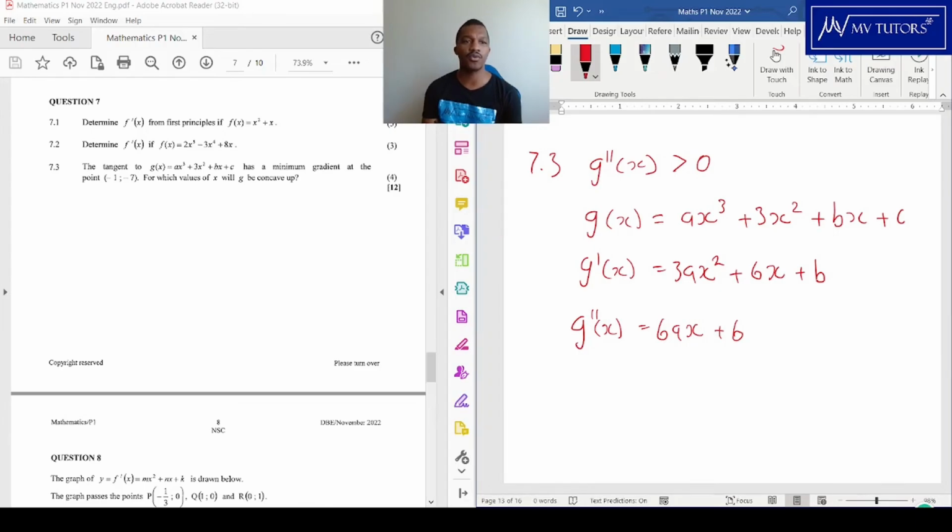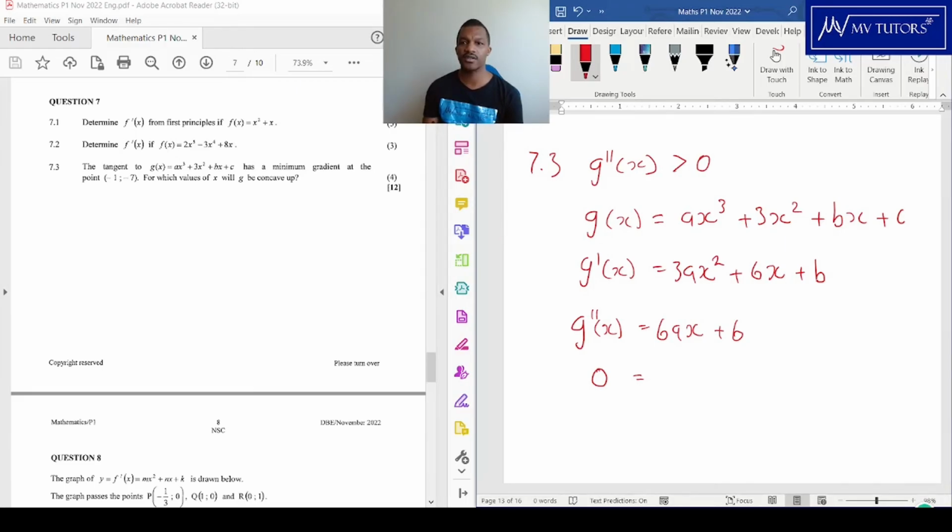We know that the turning point or the minimum gradient is going to be at x equals minus 1.